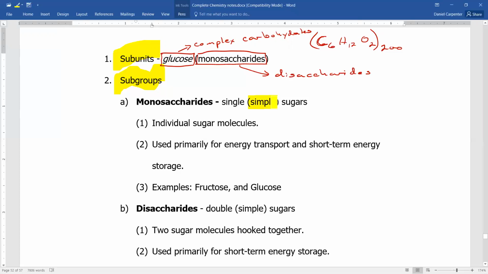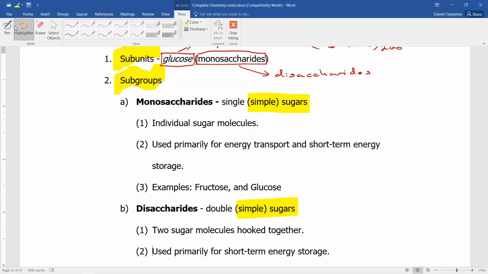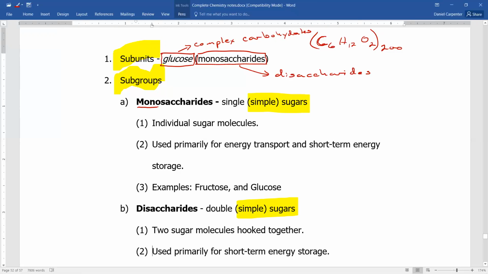There are two kinds of simple sugars. There is the monosaccharides. Mono is one or single, and there are the disaccharides. Di is two or double.